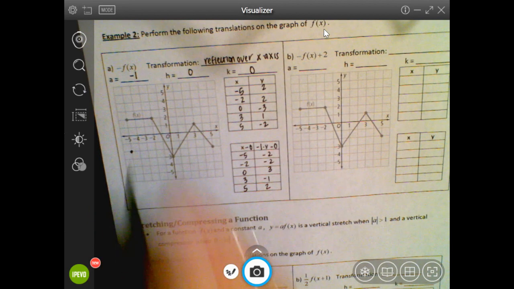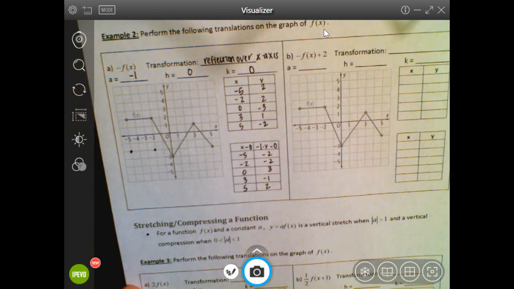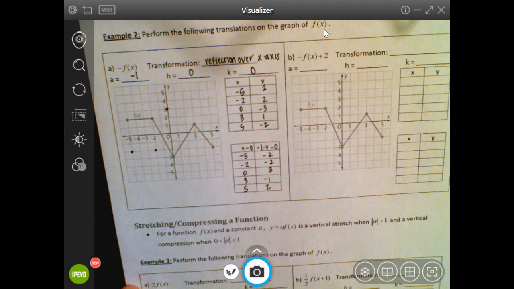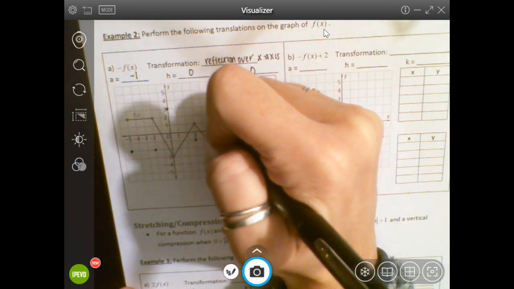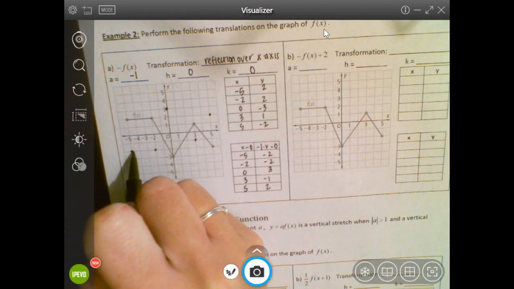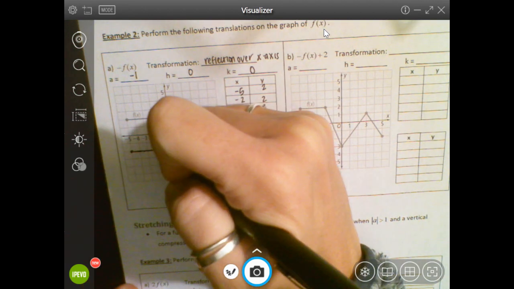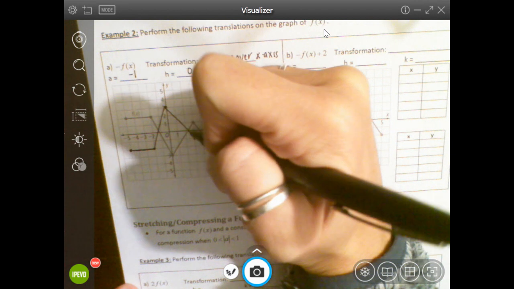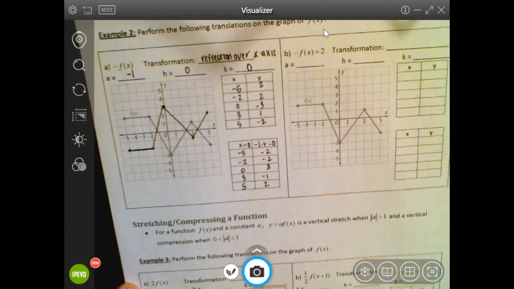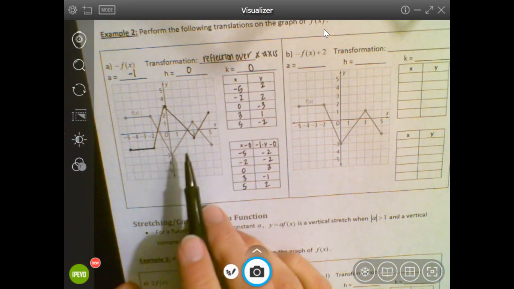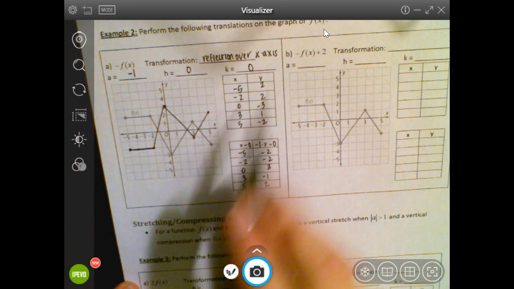So (-5, -2), (-2, -2), (0, 3), (3, -1), and (5, 2). And again, I'm going to work my way left to right, connect these points together. And you should notice that that basically looks like your graph flipped upside down, which is exactly what we said was going to happen up here.